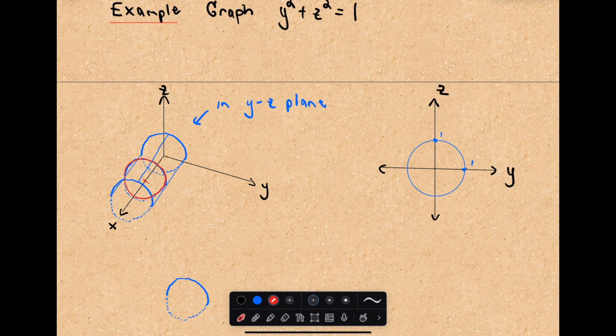So it's kind of like that soup can we had at the very beginning, but now it's laying along its side, and its center would be centered along that x-axis. Okay, so this is the idea of a cylinder.